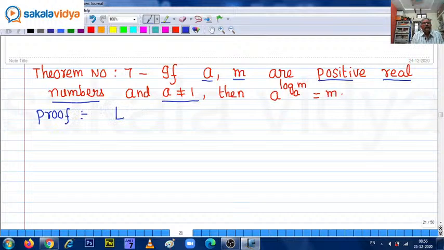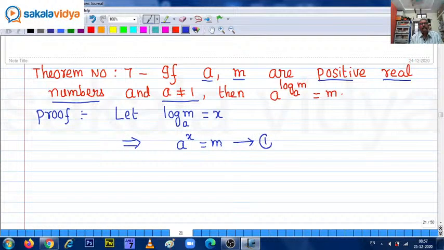First, let log m to the base a equal x. This is the logarithmic form. We can change it into exponential form, so we can write a raised to x is equal to m. Say equation 1.